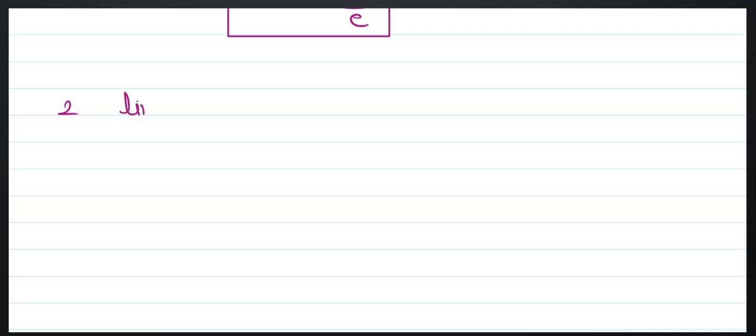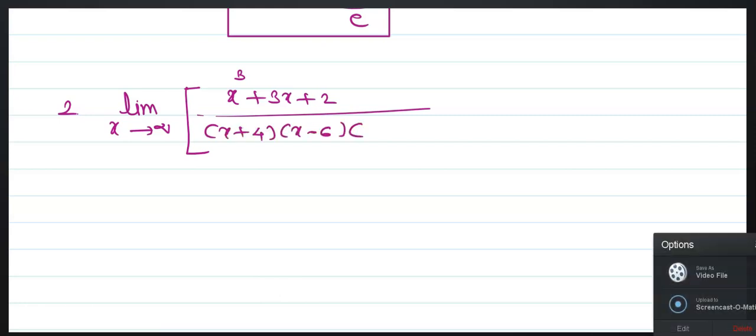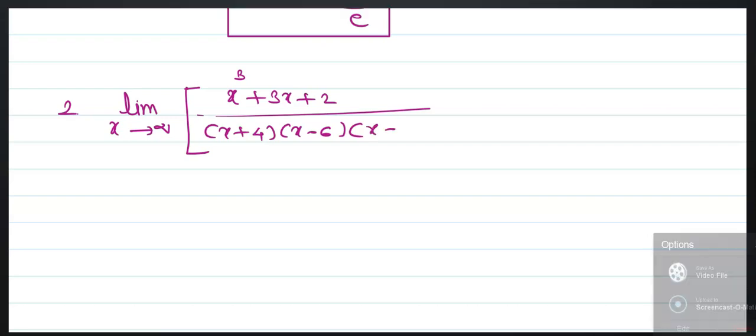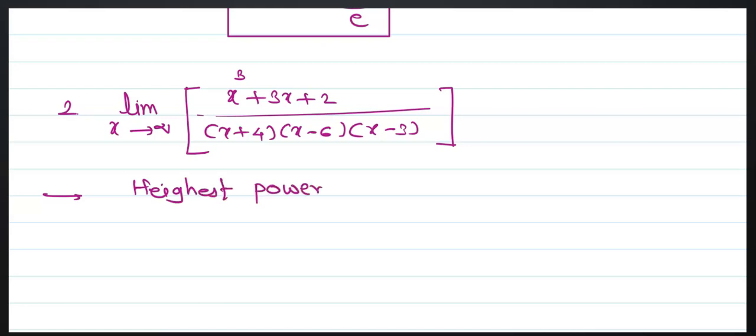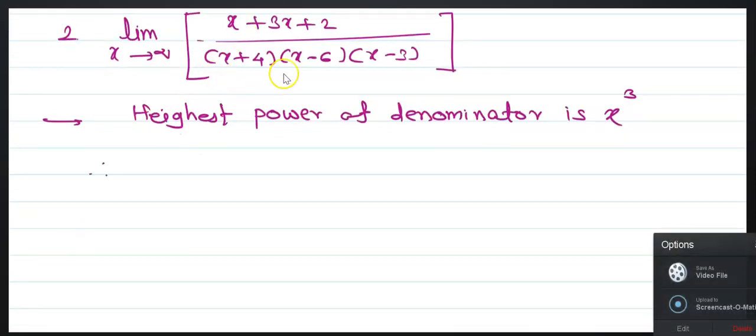Next is the limit as x tends to infinity of (x cube plus 3x square plus 2) upon (x plus 4) into (x minus 6) into (x minus 3). Divide n and d by the highest power of the denominator, that is x cube, because here it is x into x into x, 3 times repeated.